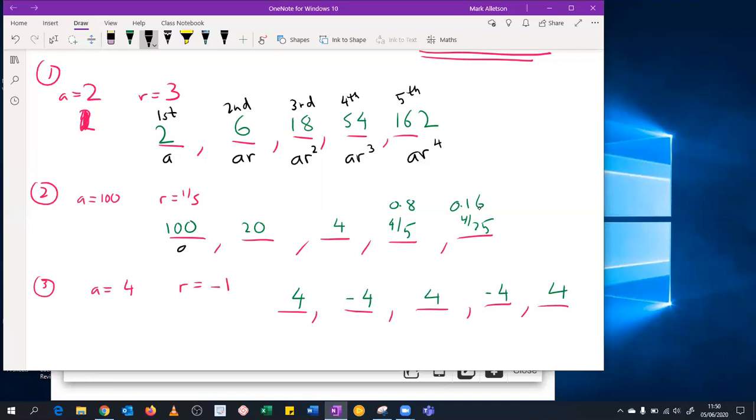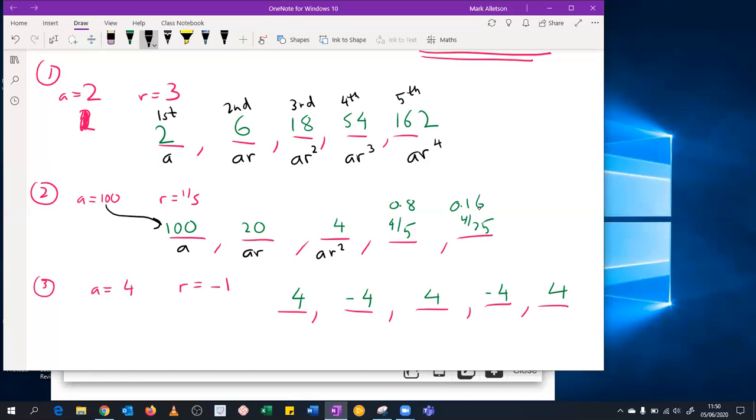Same over here, this is your A, 100, we started with it, that was okay. And then the next one was 20 because we did 100 times a fifth. So we did AR for that one. This one, AR squared, because I'm taking the previous value, which we called AR, and timesing it by R again. So that's why it's AR squared.